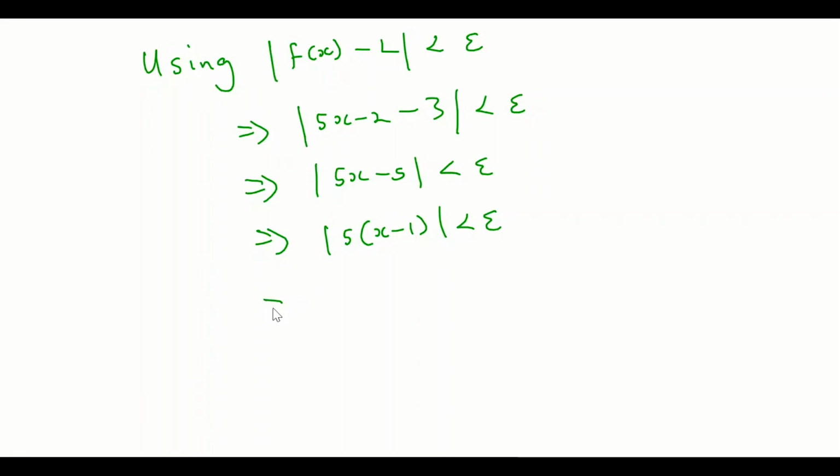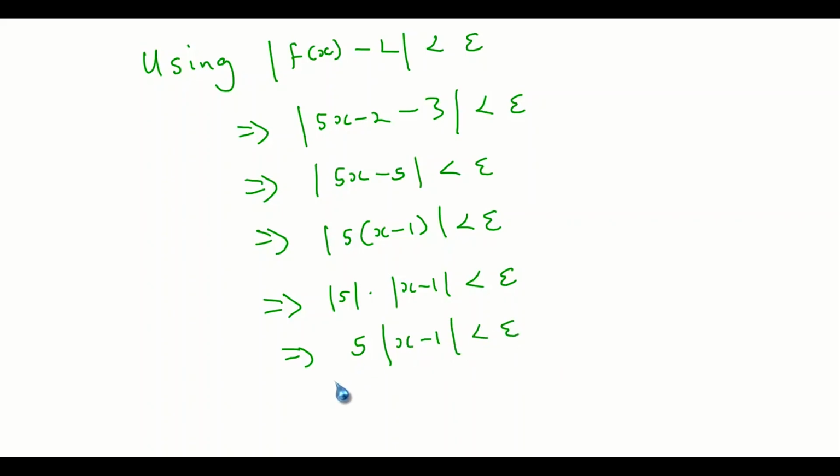It implies that the absolute value of 5 multiplied by the absolute value of x minus 1 is less than epsilon, so 5 multiplied by the absolute value of x minus 1 is less than epsilon.